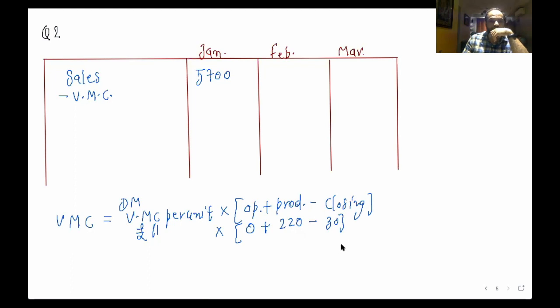So 190 multiplied by 11, 990, right? 990, right? This is variable manufacturing cost. Minus variable non-manufacturing cost. How much is variable non-manufacturing cost?